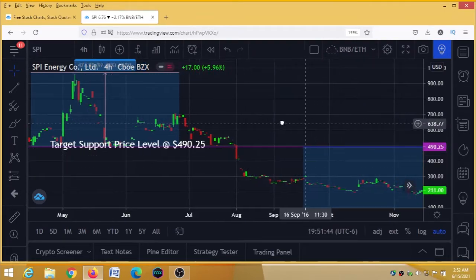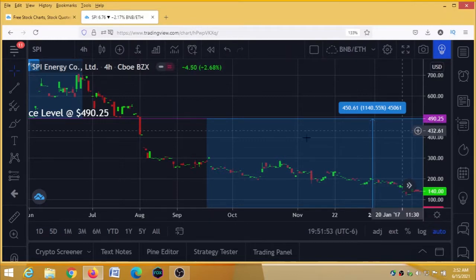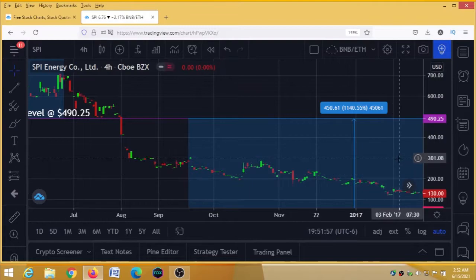As you can see on the chart, immediately price action broke down the target support price level at $490.25. It dumped really hard and lots of uneducated traders lost money in the stock market.